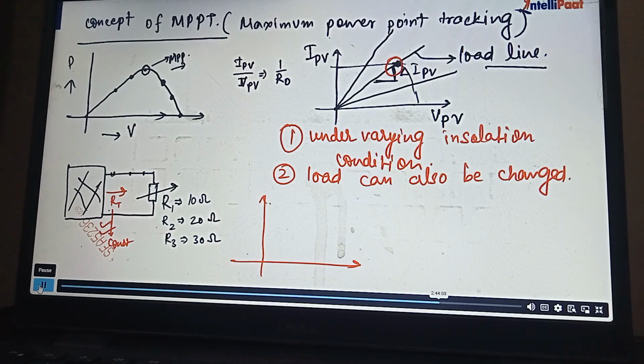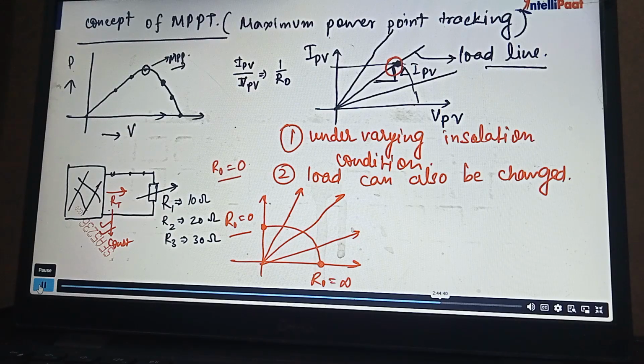As you can see, if I have this MPP curve and I have three resistances in this fashion, the slope of the resistance line is increasing, right? Because 1 by R naught is the slope. If I'm going here, R naught value will be infinity. If I'm going here, R naught will be 0. So suppose infinite slope is there, R naught will be 0 because slope is 1 by R naught.